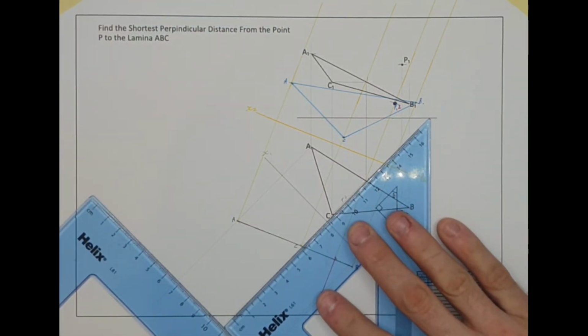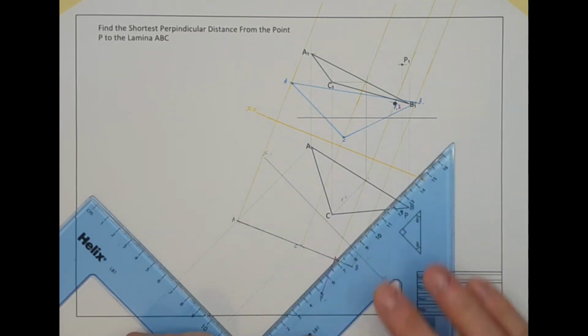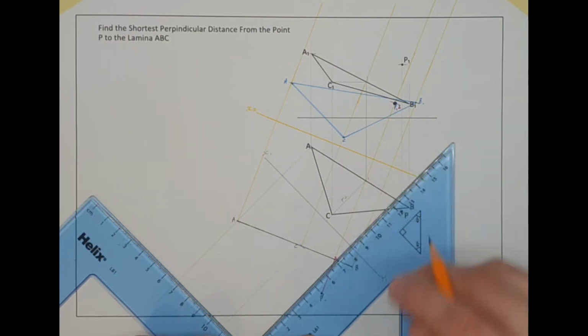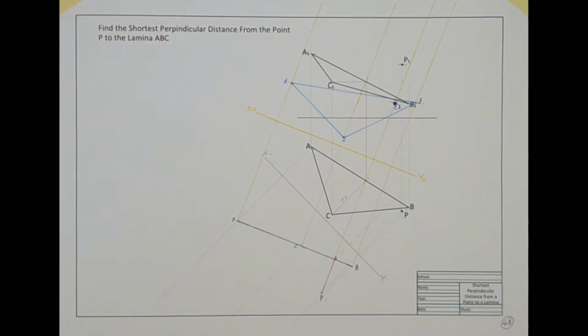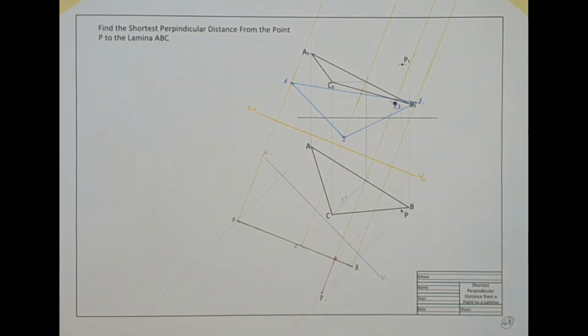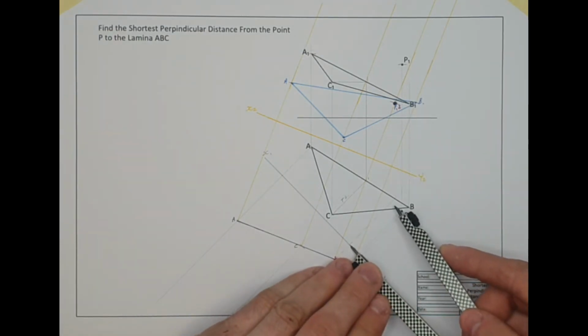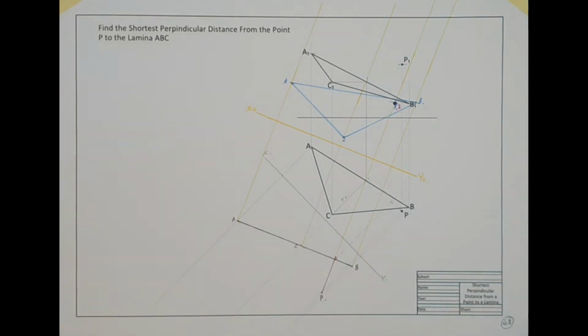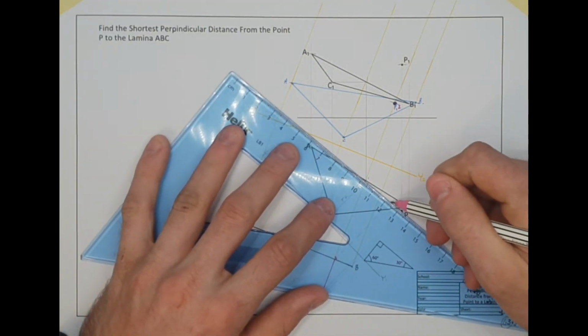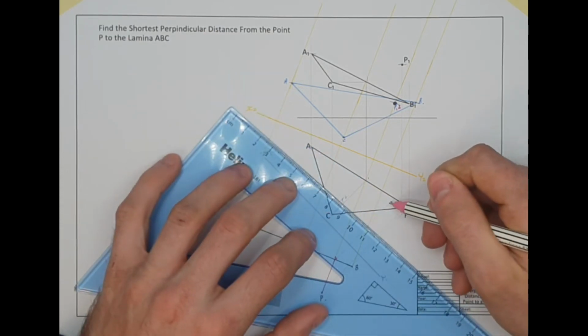Take my original projection angle from my first auxiliary, project back point 2, going back this direction, and take the distance up to point 2 and mark it from here back. There's the line P2.